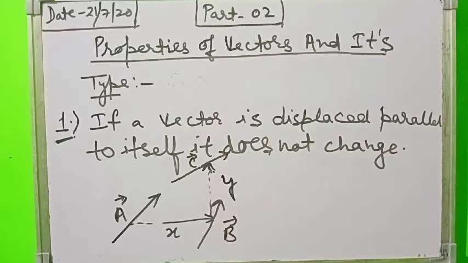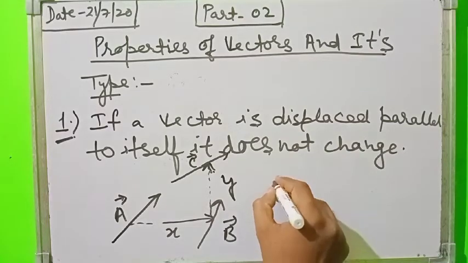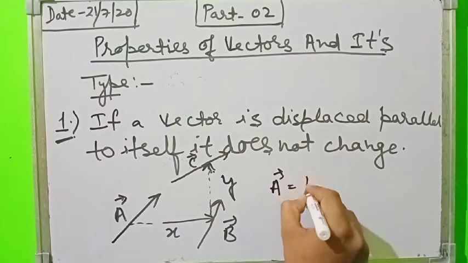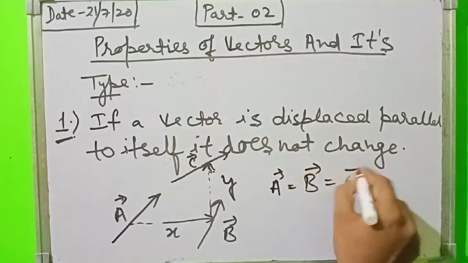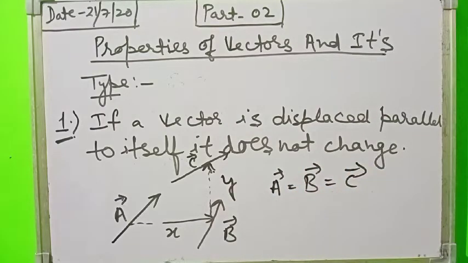So we can say that vector A is equal to vector B is equal to vector C. All these vectors are the same. Parallel translation or parallel displacement of a vector does not change the vector.